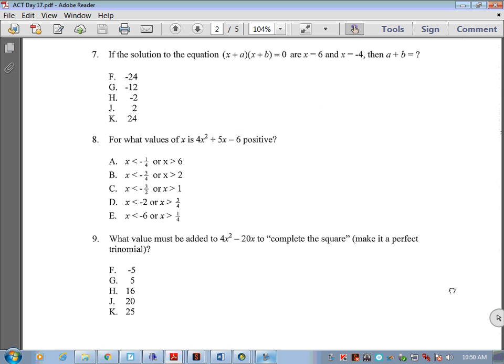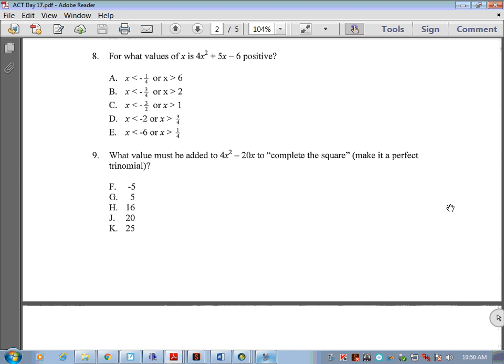All right. For what values of x is 4x squared plus 5x minus 6 positive? Okay, let's try this. I think what I want to do with this, rather than trying to factor it because it's complex, is actually use the quadratic formula.